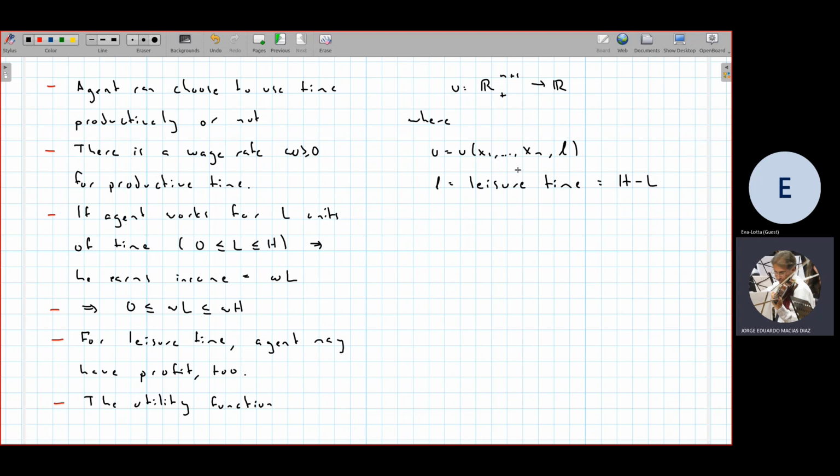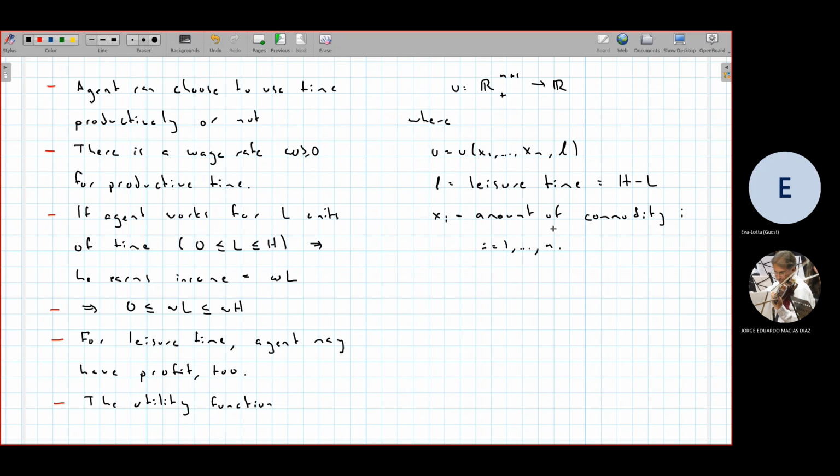During the times that this person works, we're going to suppose that he has to purchase some commodities in order to obtain some profit. So we suppose that xi is the consumption of some commodity, so the amount of commodity i, for i equal 1 to n.